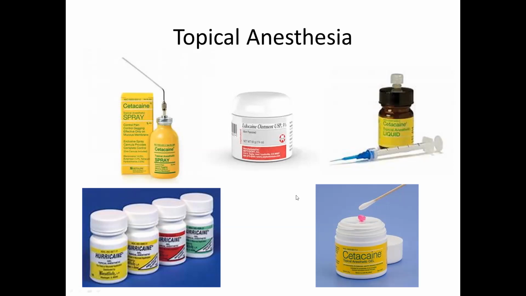Tastes awful. Cetacane comes in a topical where you press down on this little lid area here and you get a little topical gel. Cetacane is a liquid that you can get syringes and a little disposable plastic cannula, which is great for squirting underneath the gum tissues. Now, this is a combination of 3 different anesthetics.